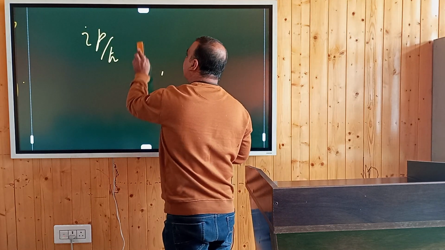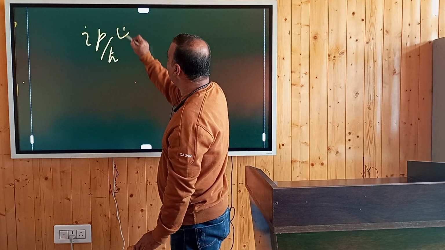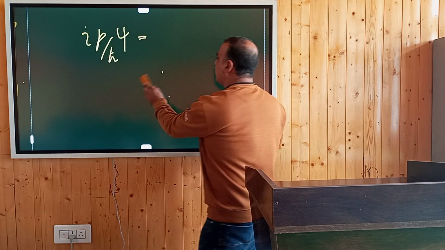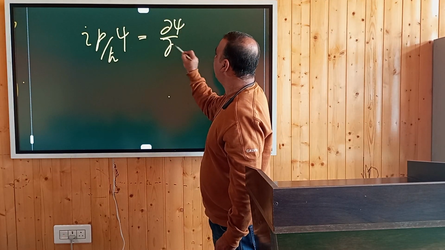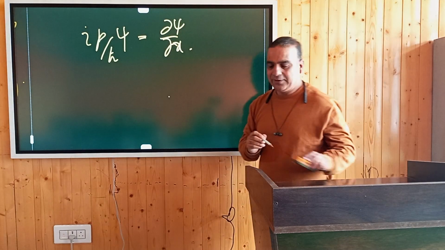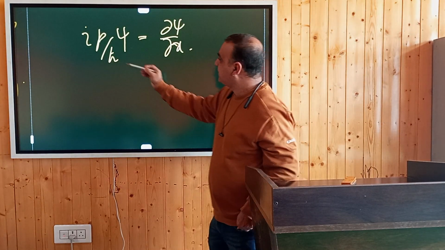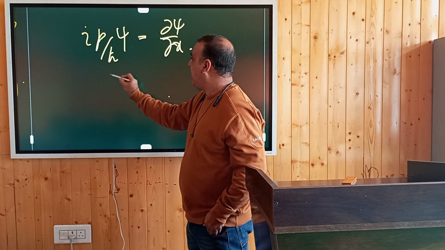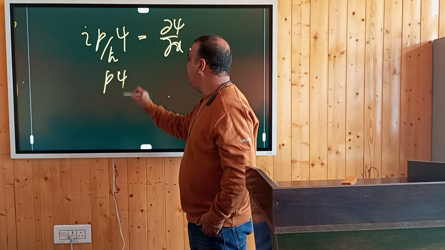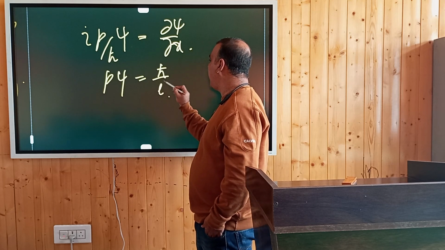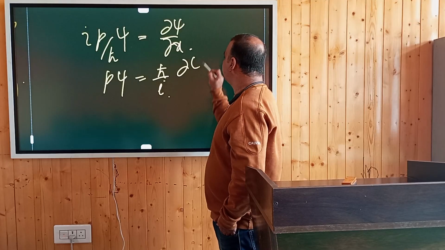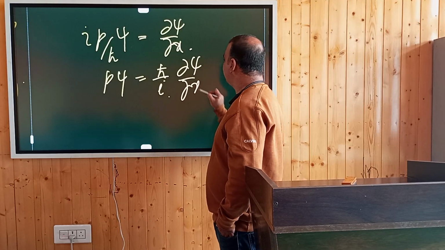It's only psi here. Okay, this is dou psi by dou x. That's fine. So this h bar will go up, iota will come down. So you will have p psi is h bar by i, then dou psi by dou x.